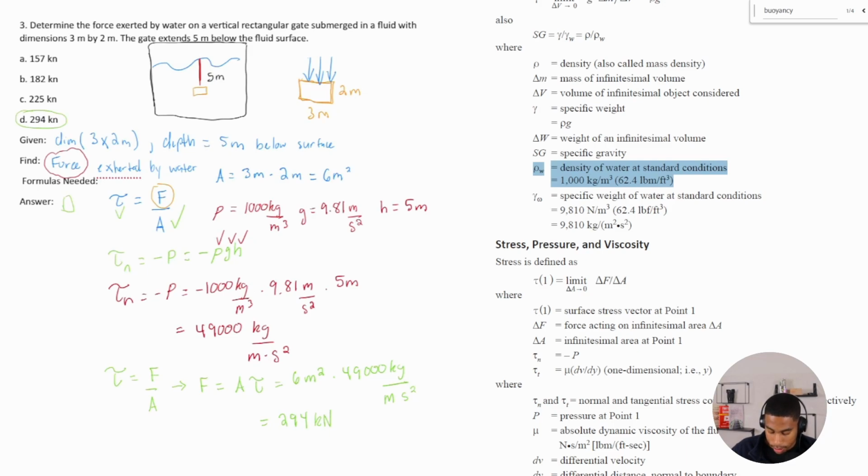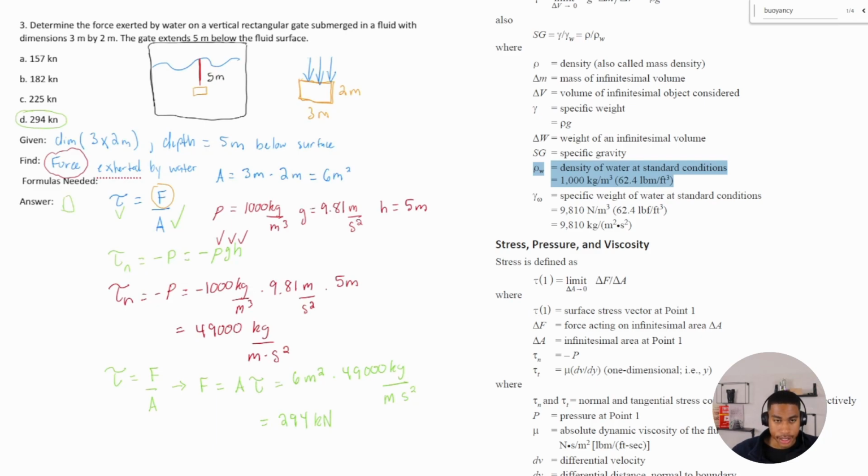We're given that we had a fluid of water, so automatically you have the properties of water, a part of those properties is your density. And from there, we could find pressure given the depth. And then we had a rectangular gate. So we just kept chugging. But ultimately, the important thing is that you know what you're solving for, which is force in this case. So hopefully this made sense.